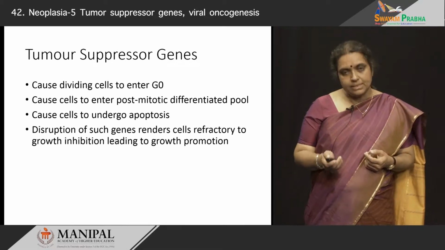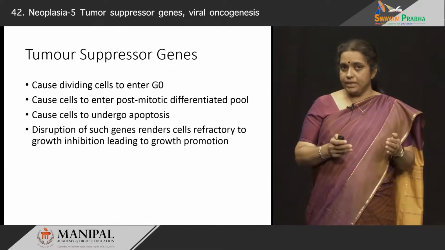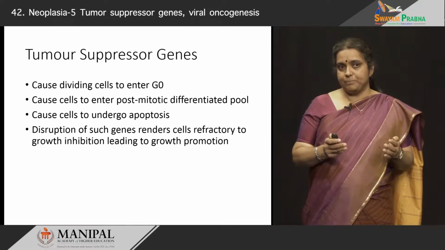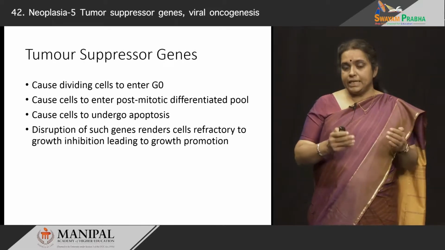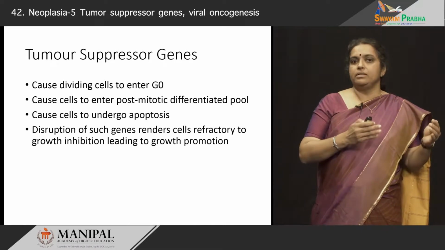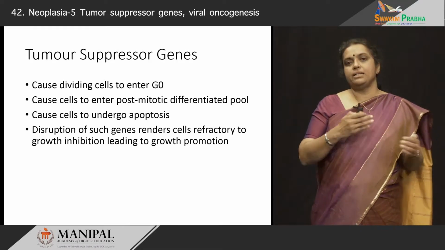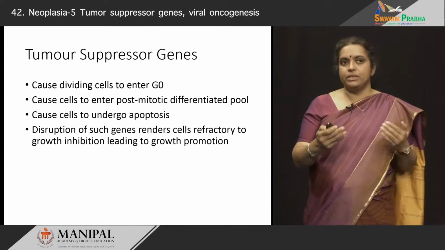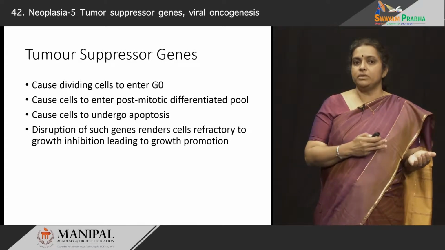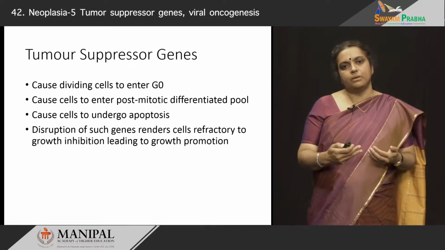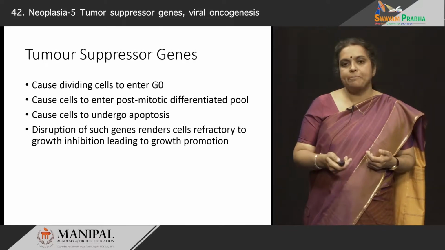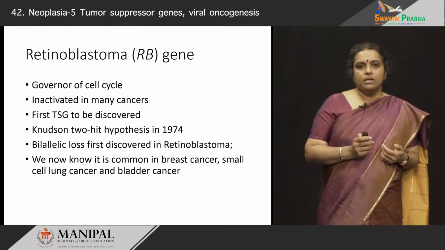So, in essence, cancer is a loss of the delicate balance that exists between the tumor suppressor genes and the genes that promote growth. In the previous class we learnt about the growth promoting factors, and in this class we will learn about the tumor suppressor genes.